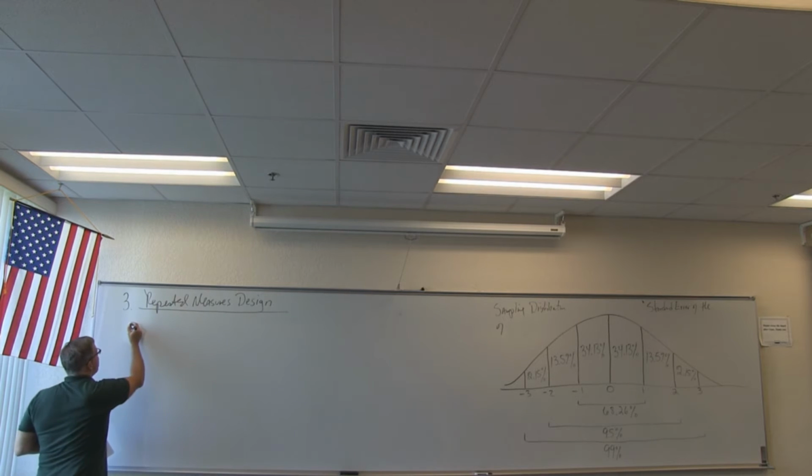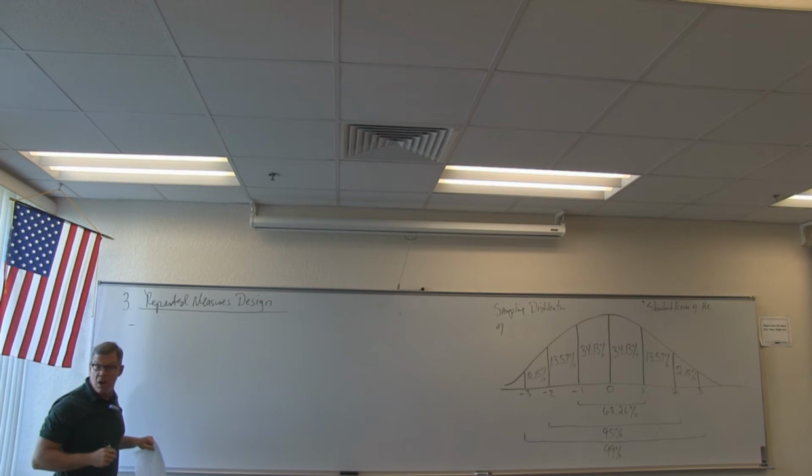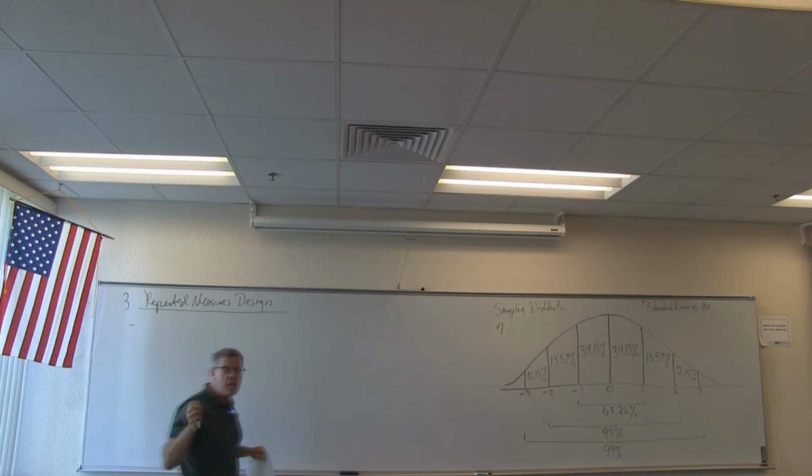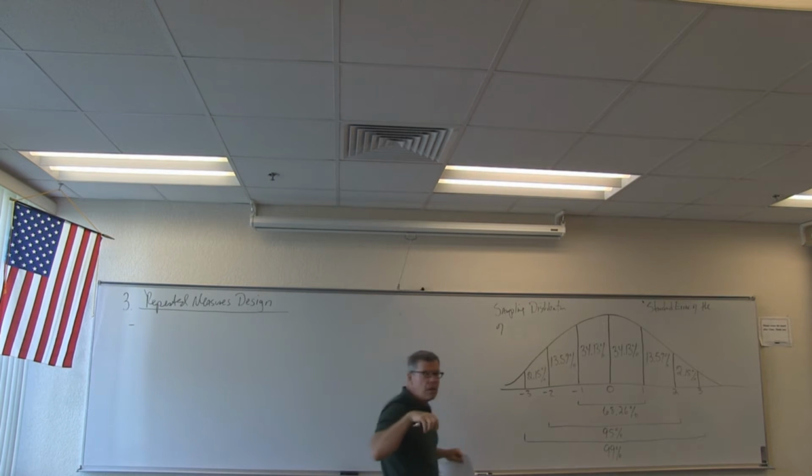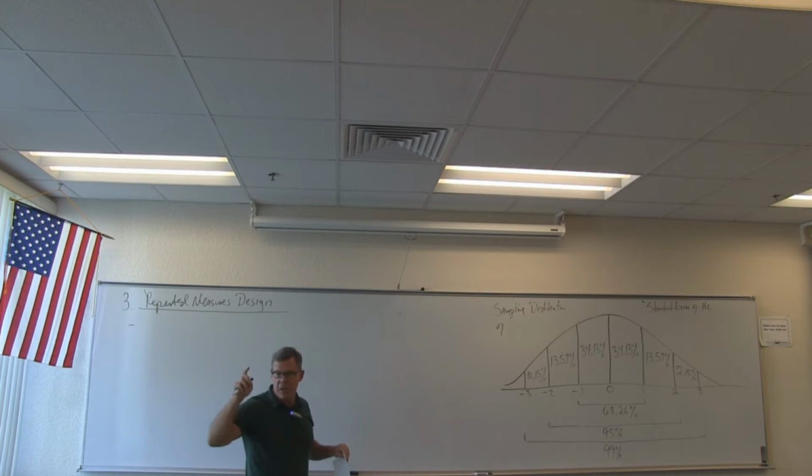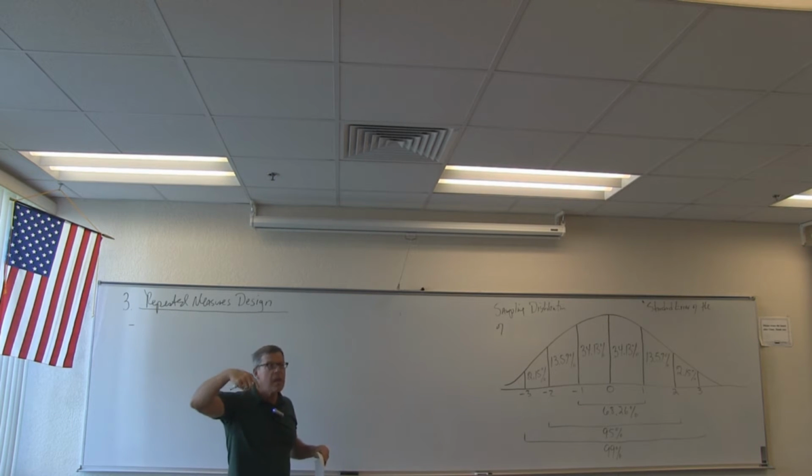We are delving back into the world of the experiment, and we remember what experiments are, right? We're manipulating an independent variable, measuring for its effect on the dependent variable. We're administering some treatment, and we're seeing if it has some effect.